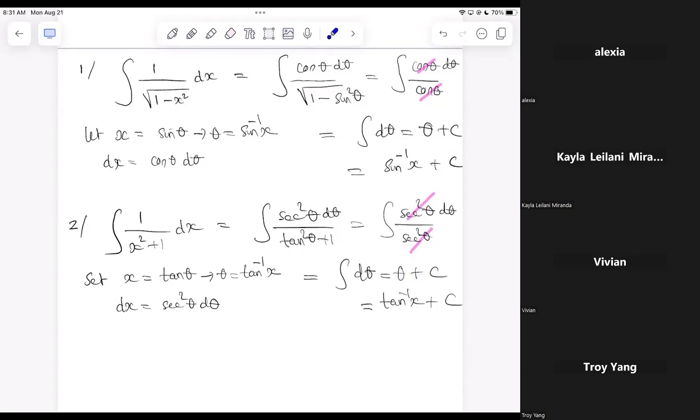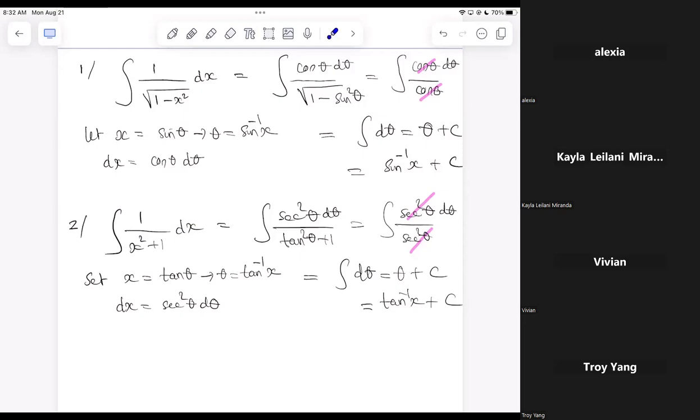And because the question gives you x, you need to give the answer in x, not theta, right? Remember, when you do substitution, after you convert to the new variable and find the antiderivative, you need to convert back to the original variable.